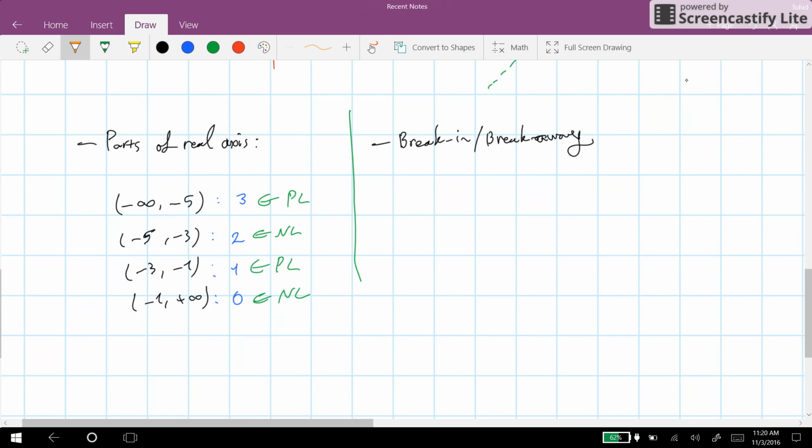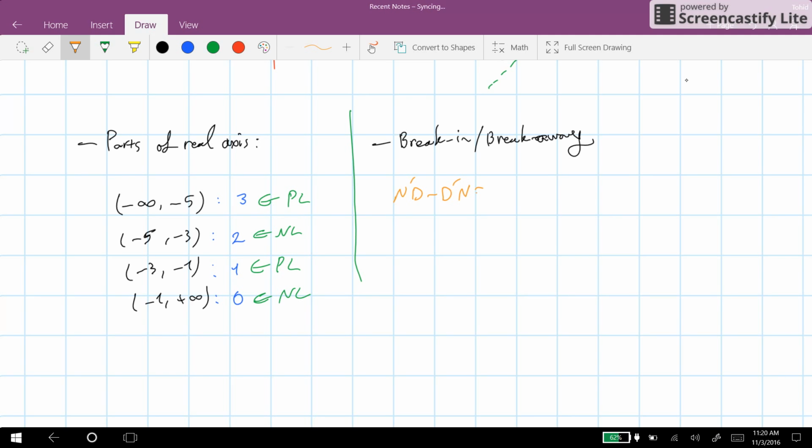We know that to find the break-in or breakaway points, we need to solve the equation m prime d minus n d prime equal to 0. N is equal to 1, therefore m prime is equal to 0.